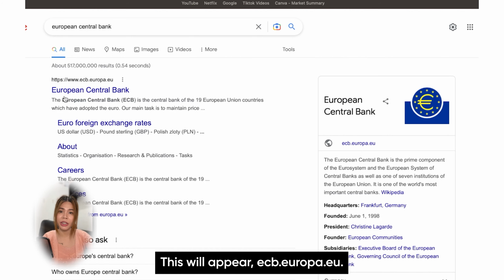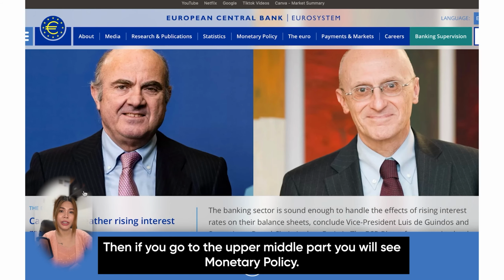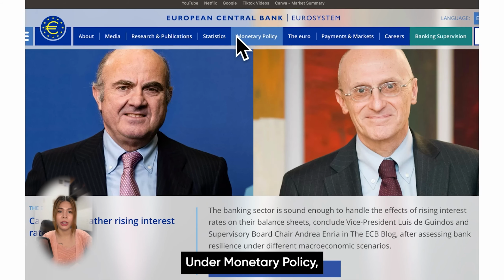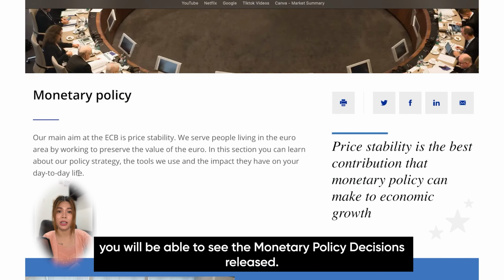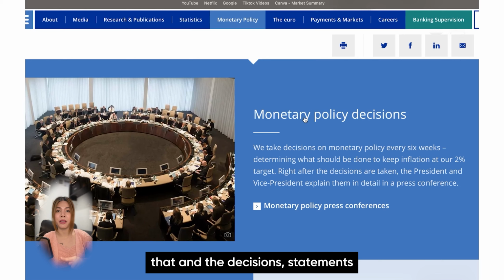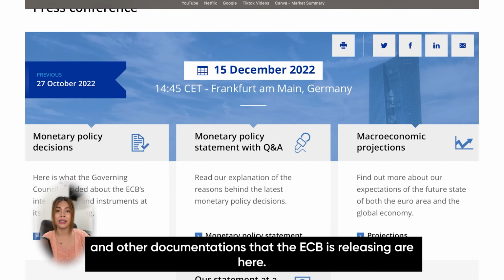So this will appear, ecb.europa.eu. Then, if you go to the upper middle part, you will see monetary policy. Under monetary policy, you will be able to see monetary policy decisions that were released. You click that, and the decisions, statements, and other documentations that the ECB are releasing are all here.